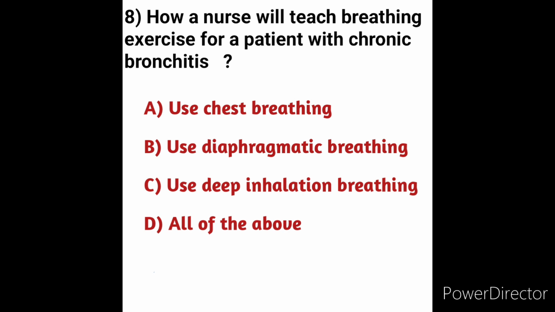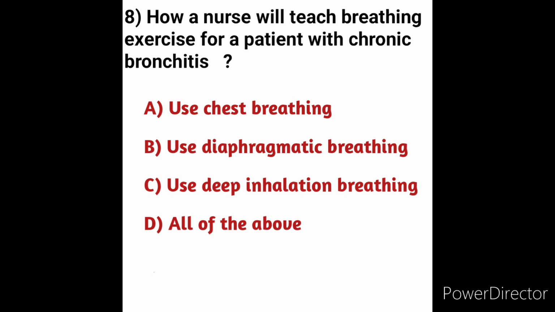These are all related to breathing exercises for chronic bronchitis. Here option B, diaphragmatic breathing, is helpful as a breathing exercise for the chronic bronchitis patient. How will we provide diaphragmatic breathing to the patient as a nurse? We can help strengthen certain muscles to breathe well in chronic bronchitis.